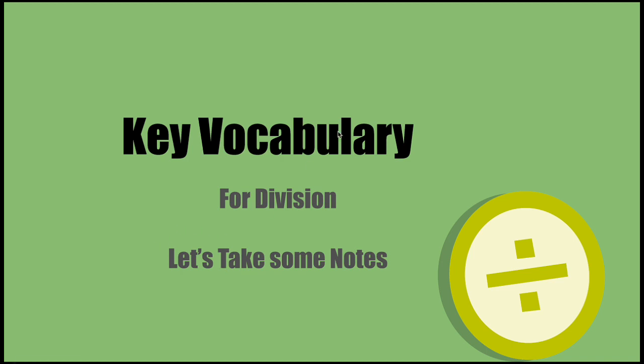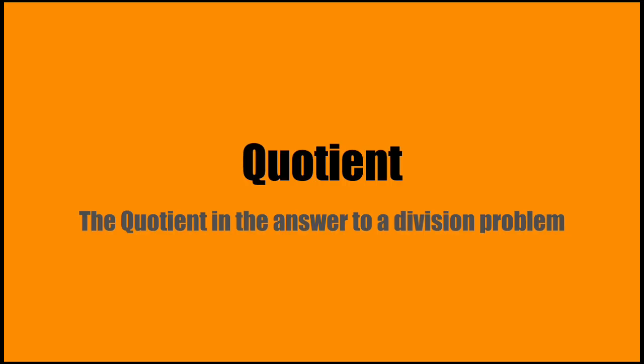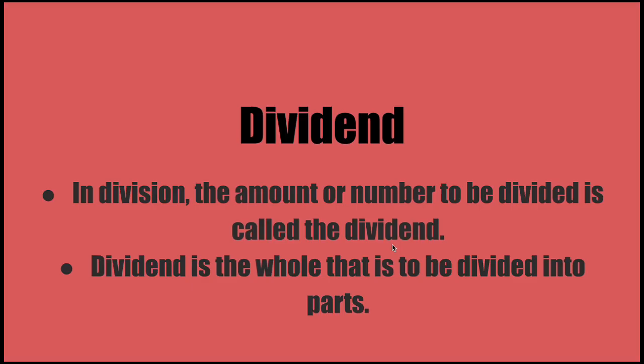Well, that's one of those division vocabulary words that we need to make sure that we understand so that we can divide successfully. So the first word that we are going to look at is quotient. Quotient is the answer to your division problem. Then you have your dividend. Your dividend is the number that is in that division house, okay?